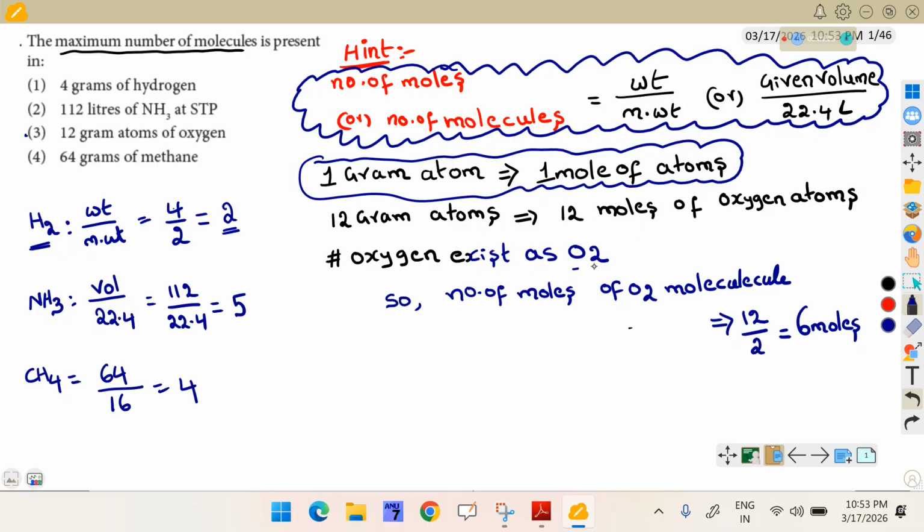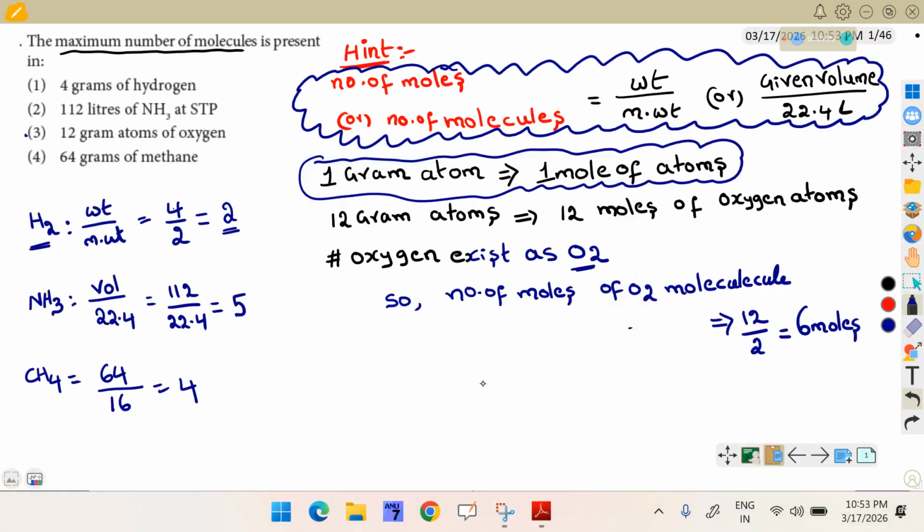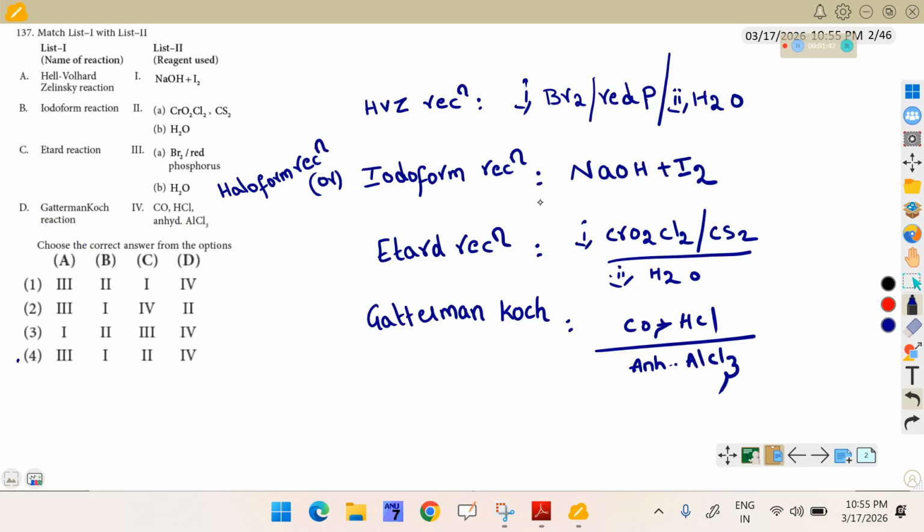Generally, oxygen exists as O2 molecule. So the number of moles of O2 molecules is equal to 12 divided by 2, that is equal to 6 moles. So the maximum number of molecules are present in 12 gram atoms of oxygen. The third option is the correct option.